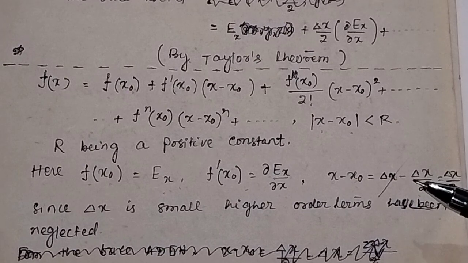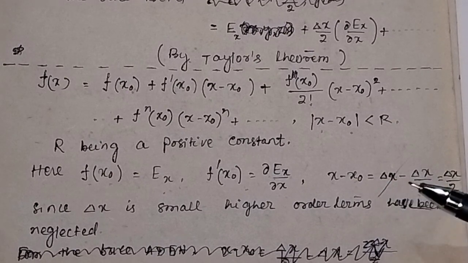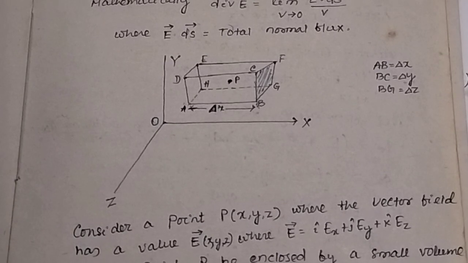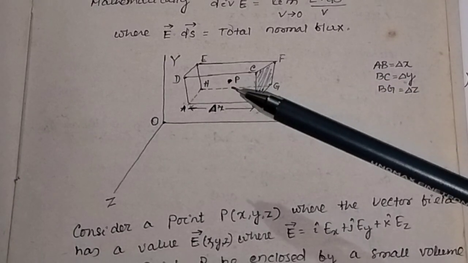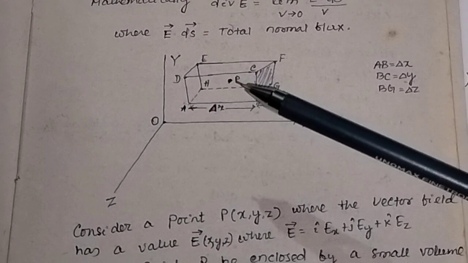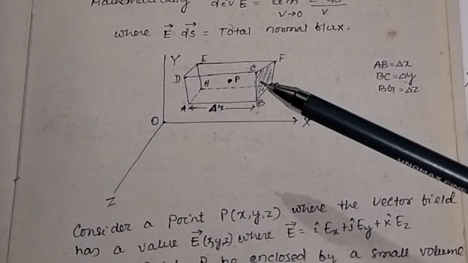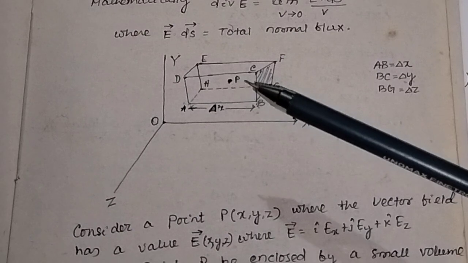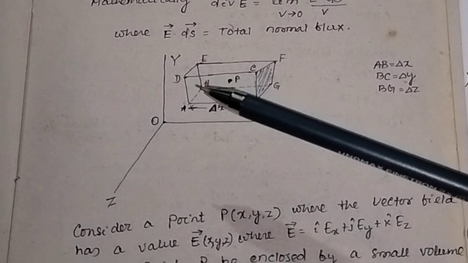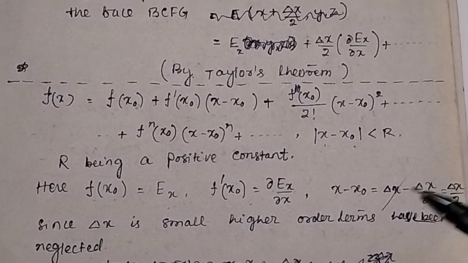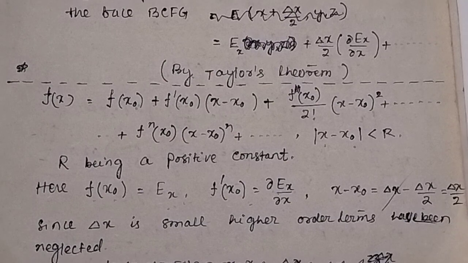So x minus x0 is equal to delta x divided by 2. Because if this point is your x0 point and this length is equal to delta x, then in the vicinity this point will be delta x divided by 2, and this point will also be delta x divided by 2. So that x minus x0 will be equal to delta x divided by 2.